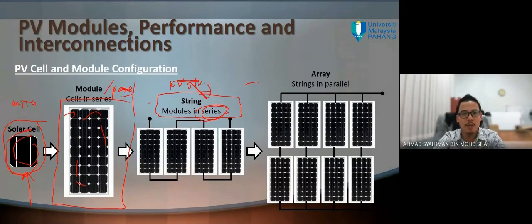Apa yang akan berubah bila connect in series? Abdul Fakih. Apa yang berubah if we connect several solar modules in series? What will change?